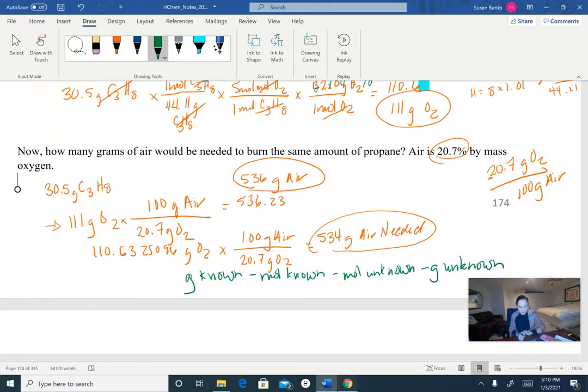And we do that all by using our mole ratio from the balanced equation. Okay? So stoichiometry, if you balance your equations and you pay attention to your unit analysis, stoichiometry is basically just using balanced equations and unit analysis.